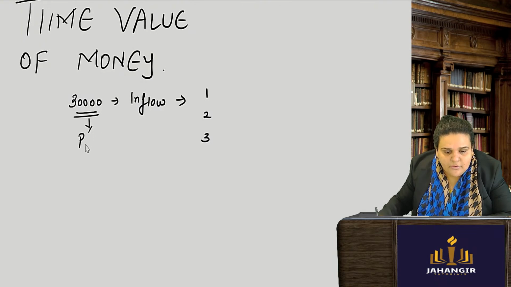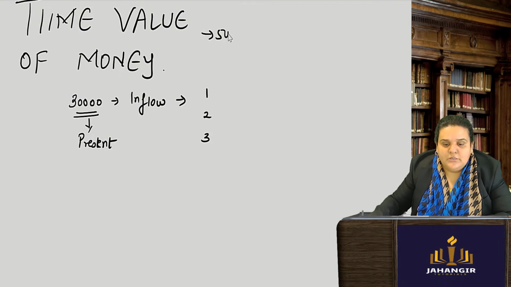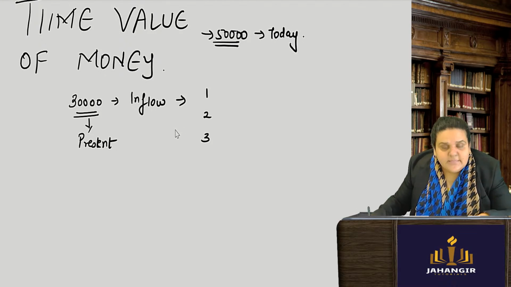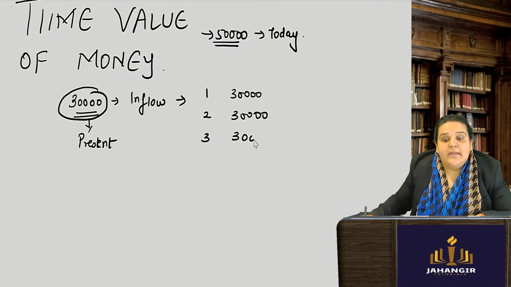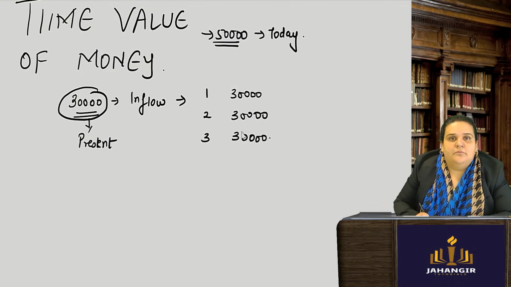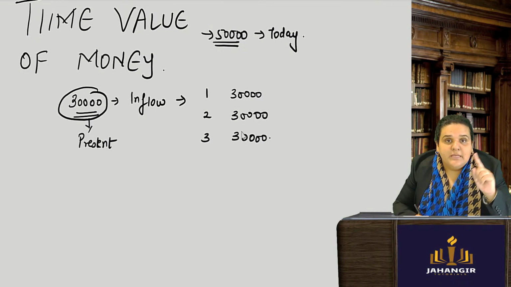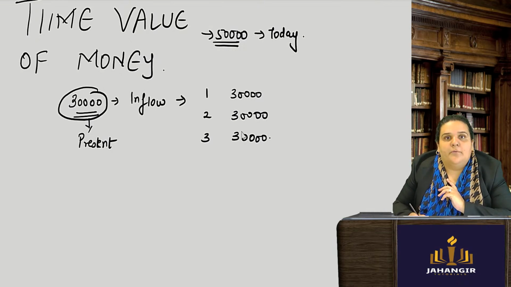Today I am investing 50,000, this money is going out today. So based on today, what is the current present value of this 30,000? I am going to get 30,000 after 1 year, this after the end of the second year, and this at the end of the third year. So presently, what is the value of these inflows? That has to be taken into account.